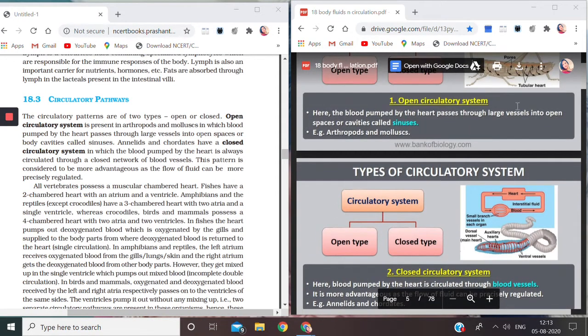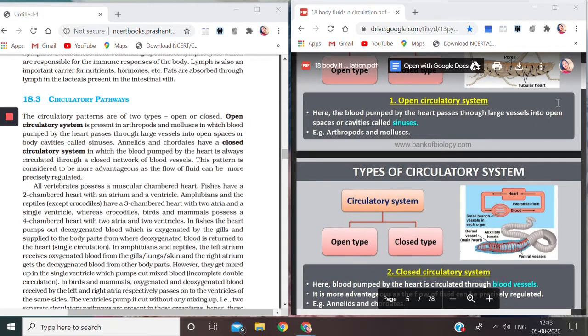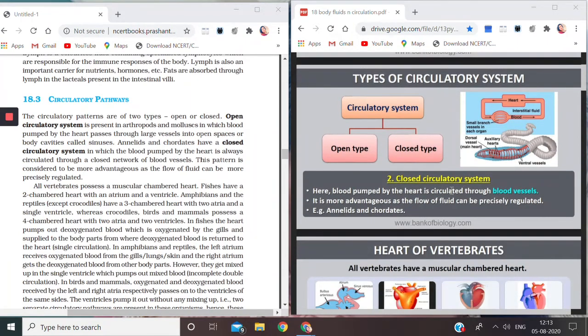But what is the difference? In the open type, the blood comes out into open space, but in the closed type of circulatory system the blood will always move in blood vessels. It won't be moving in the open space.